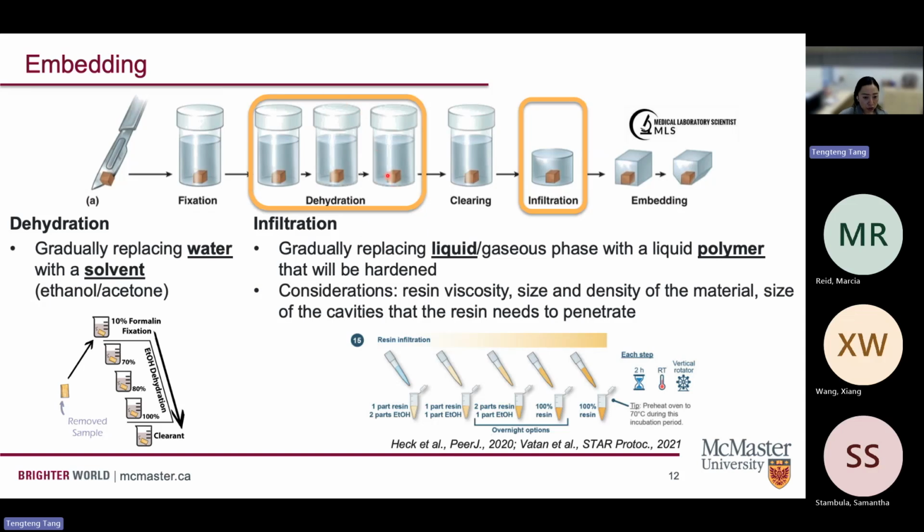After dehydration, we will infiltrate the biological tissues with a solution that is typically a mix of polymer. The idea of this infiltration is to use this liquid polymer to replace the liquid phase within the tissue. When we choose a proper polymer, the consideration is the viscosity of that polymer and the size and density of the material, especially the cavities inside the biological tissue that need to be infiltrated by the polymer resin.